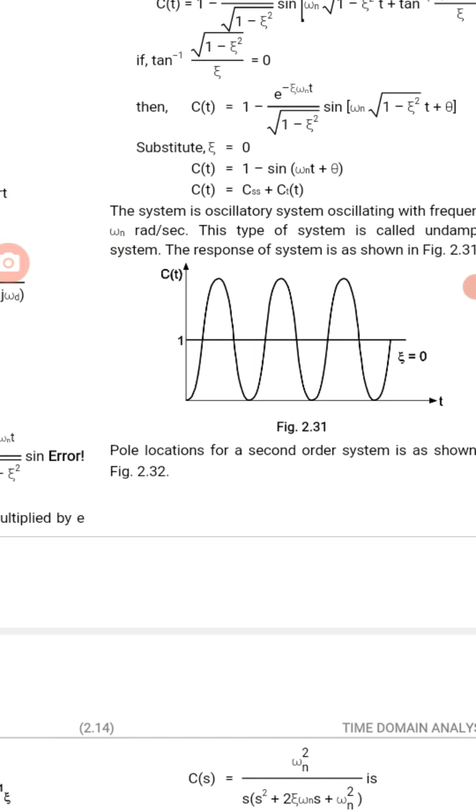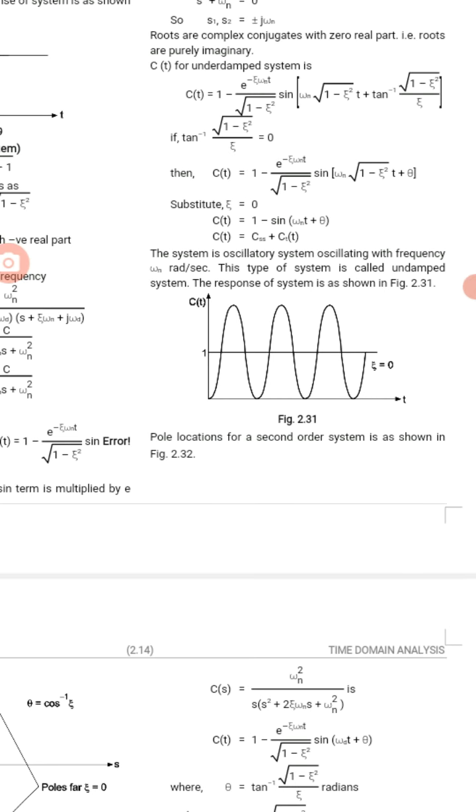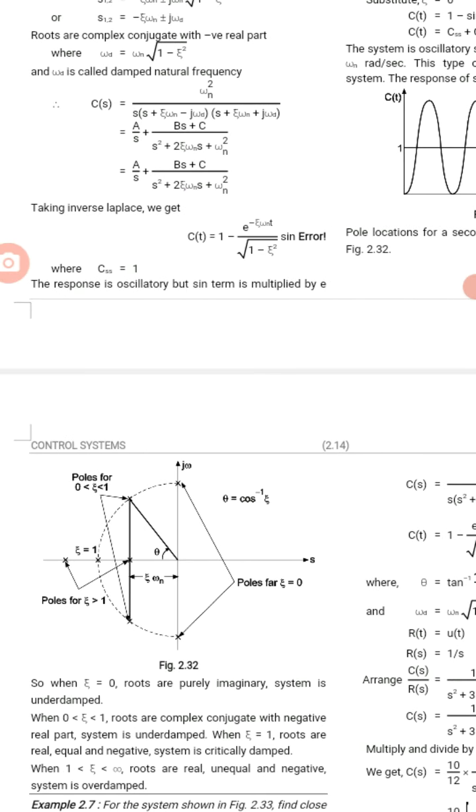From all these figures you will find that based upon the damping ratio we can predict the behavior of the system output. So where to keep our damping ratio so that we get an immediate response, or whether we get oscillatory behavior before settling, that we will see.